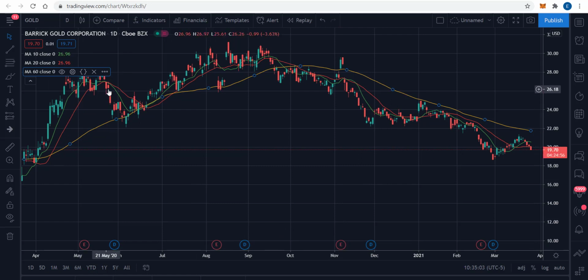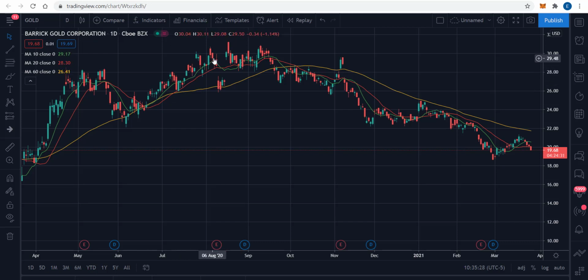So there we go. You can see, no surprises. We had an uptrend, and when we were in that uptrend, the 10-day was higher than the 20, and all of that stayed above the 60. You had a strong period of consolidation, which is interesting because back here in the summertime, you definitely had a bullish gold market, and it took a while for that to be clear, coming all the way back to July.